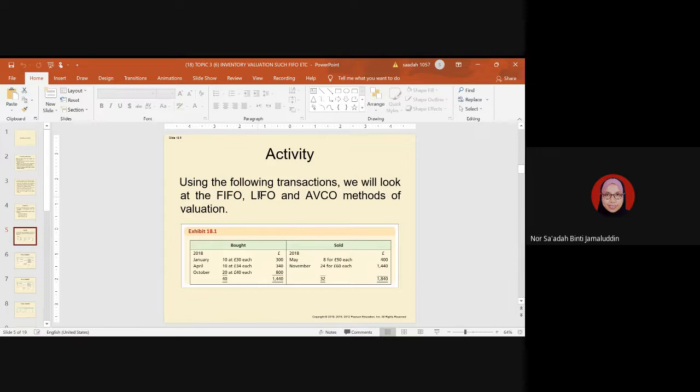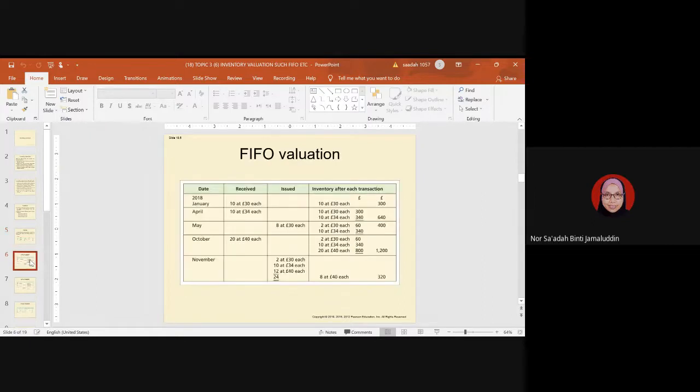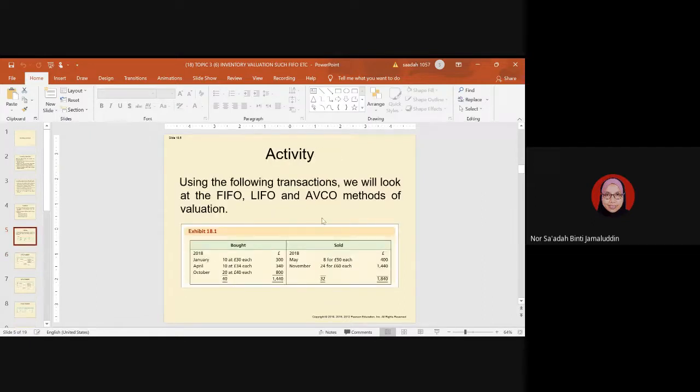So this is the activity. You must focus on the activity in order to make sure your understanding is the same as my understanding based on my explanation. Using the following transaction, we will look at the FIFO, LIFO and average cost methods of valuation.